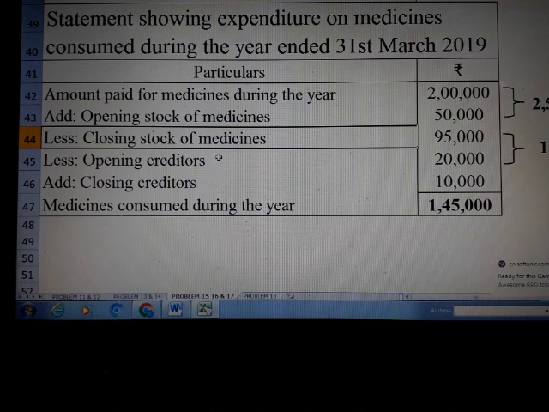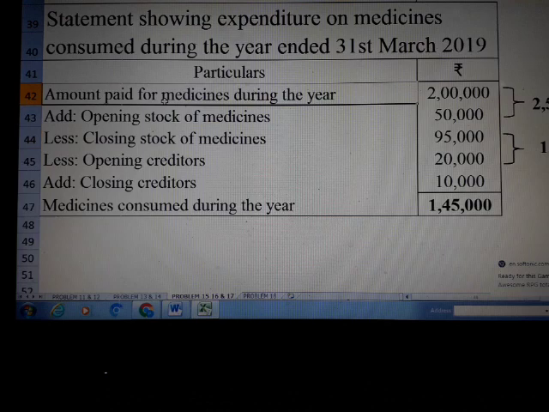Opening stock we don't have in the question, and that's the reason we started in this question straight away with the purchases. If we are given the opening stock, then we go with the opening stock as a base. Since it's not available, we took the amount paid for medicines, that is the payment, that is purchases, as a base, to which you have added your stock of medicines.